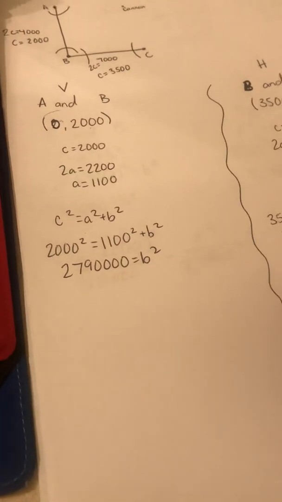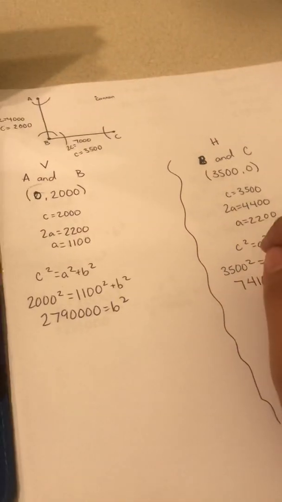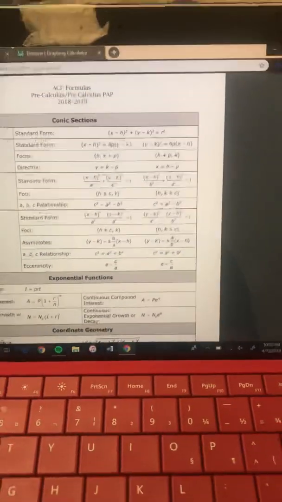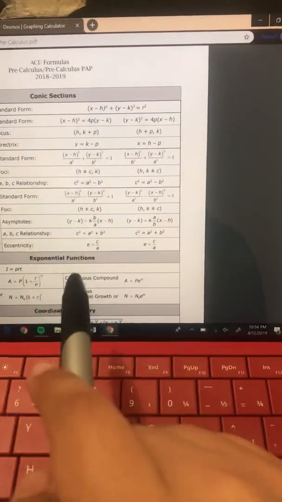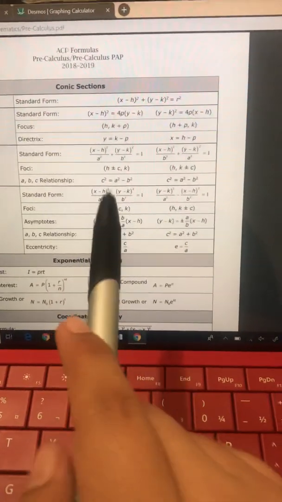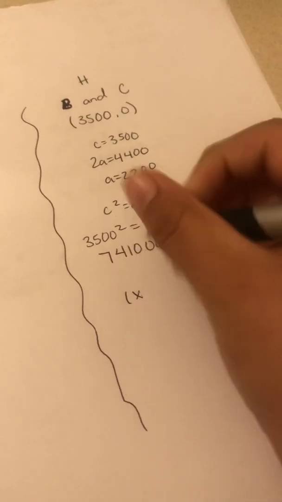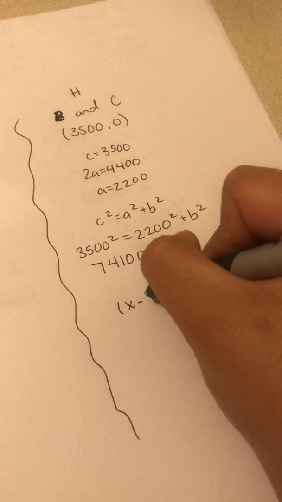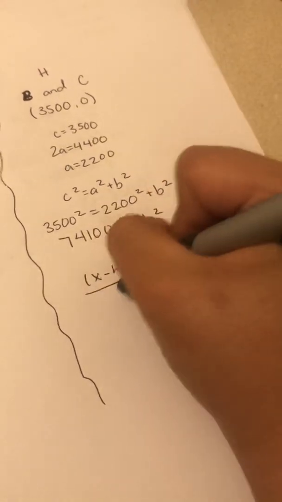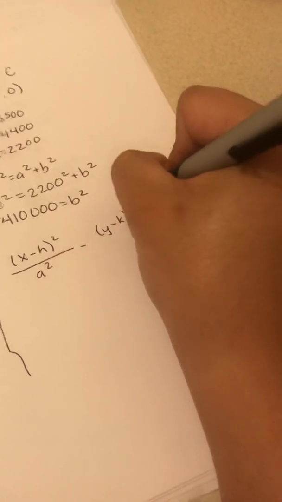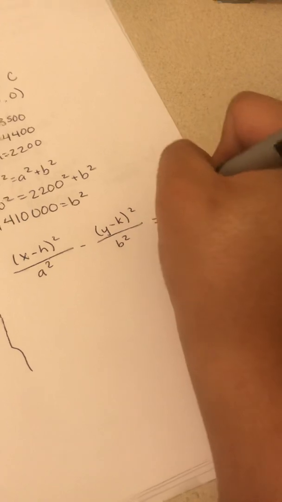Now, to determine which equation we're going to use for both, you go back to the formula chart. Since this side is for a horizontal, we're going to use this equation for B and C. So B and C, (x minus h) squared over a squared minus (y minus k) squared over b squared equals 1.